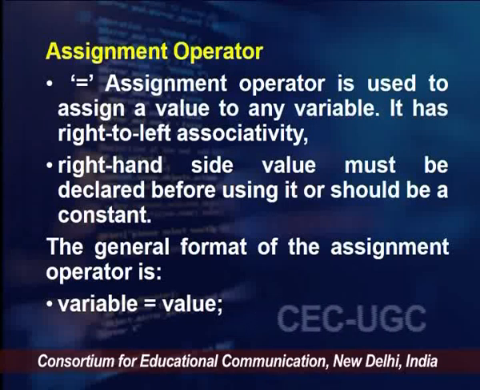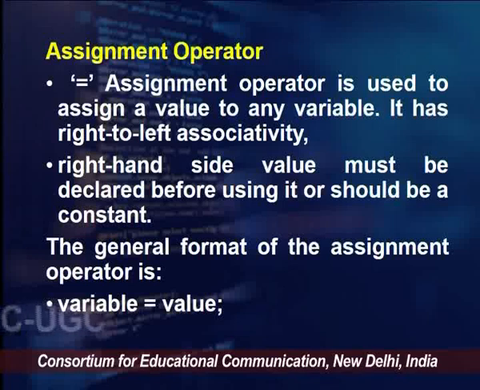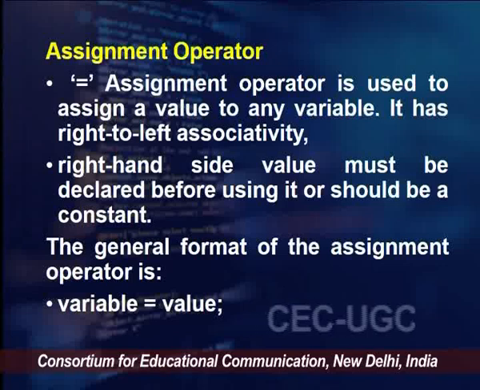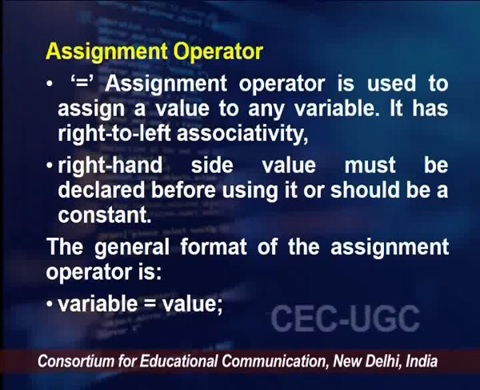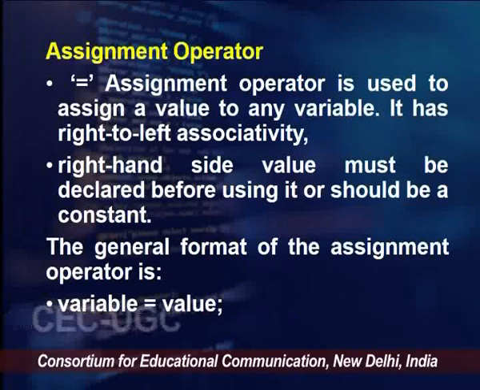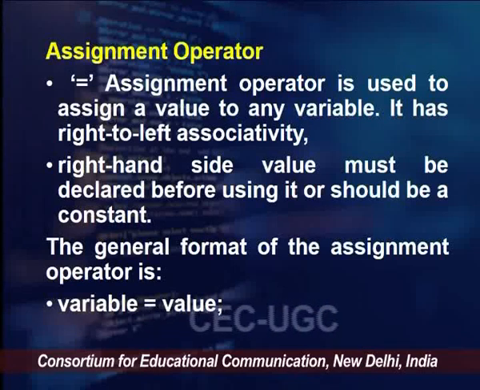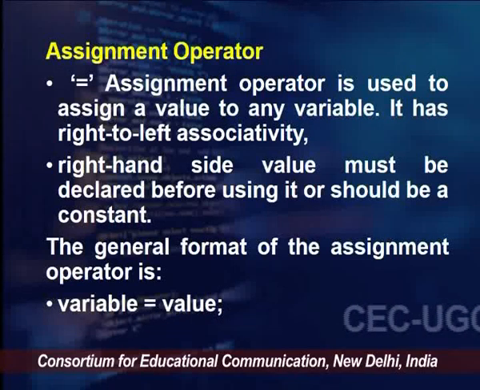Right to left says the value written on the right hand side of equals to must be declared before using it, or it should be a constant, or if there is an expression on the right side of equals to, then that expression has to be calculated and the value will be stored inside the variable written on the left of the equals to sign. So, the general format of this assignment operator is variable equals to value.